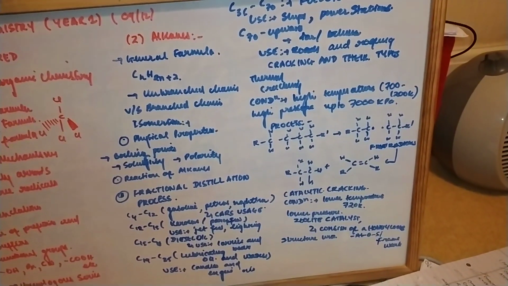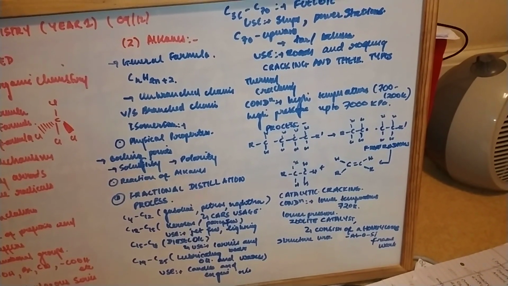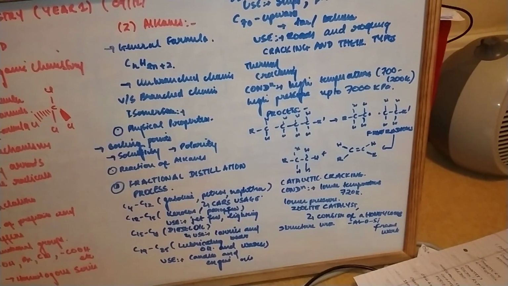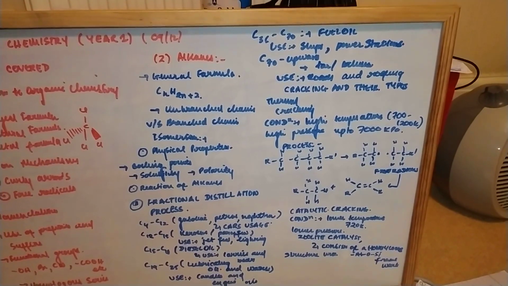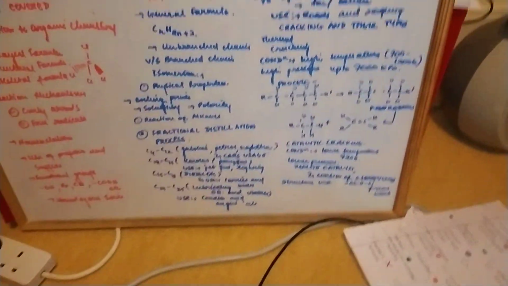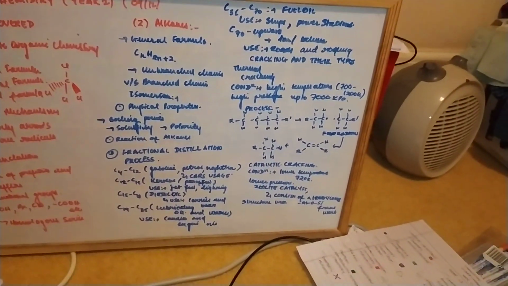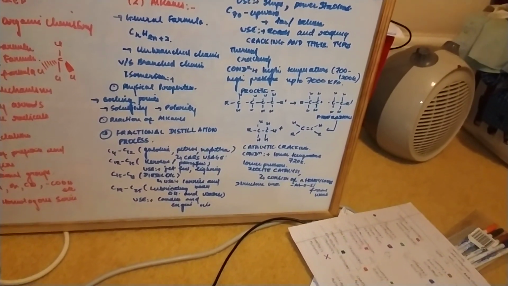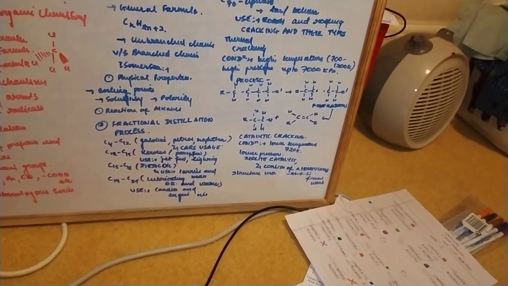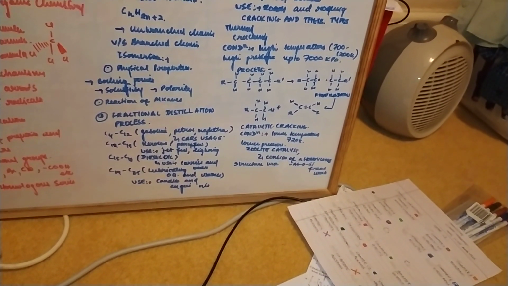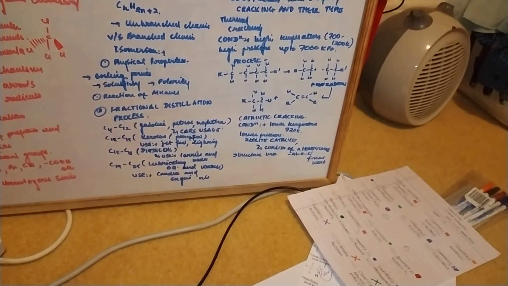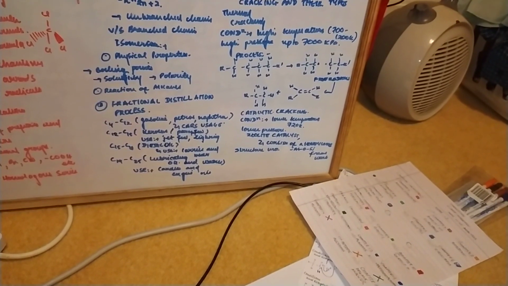These form something known as tar or bitumen. Bitumen is used for road surfacing and for roofing. Although it is formed at high temperatures, as the temperature rises, the products sink to the lower level of the distillation tube.